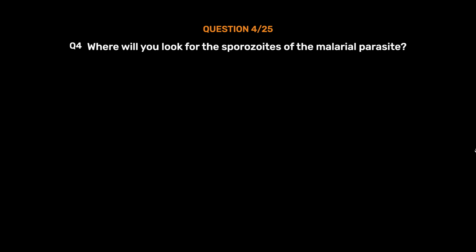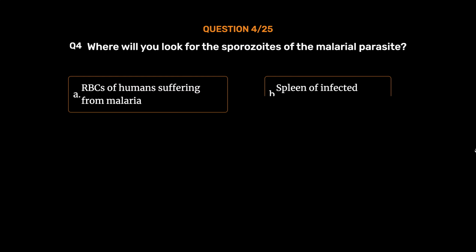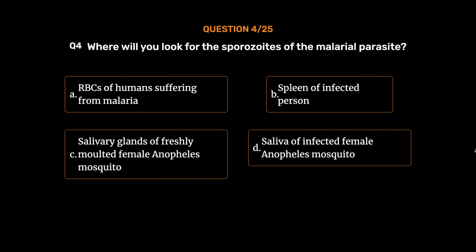Question number 4. Where will you look for the sporozoites of the malarial parasite? Option A. RBCs of humans suffering from malaria. Option B. Spleen of infected person. Option C. Salivary glands of freshly molted female Anopheles mosquito. Option D. Saliva of infected female Anopheles mosquito.